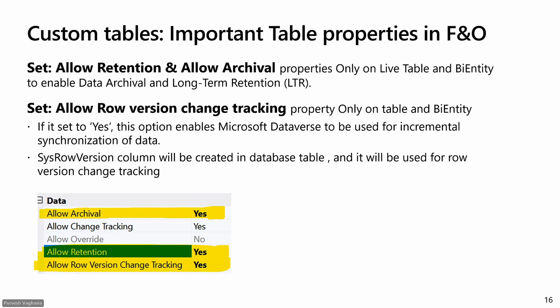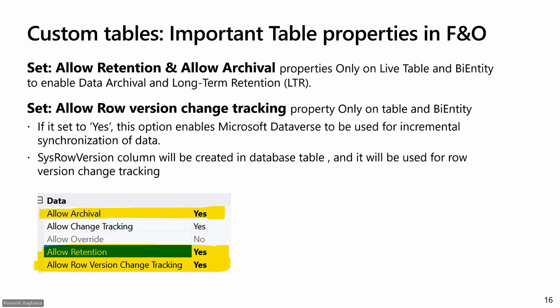Then the other property, which is called allow row version tracking, needs to be turned on on the table and the BI entity, right? And now a couple of things here. Starting from 39 onwards, if you create a new table, this configuration key for allow row version change tracking is turned on by default, and that property will default to yes.